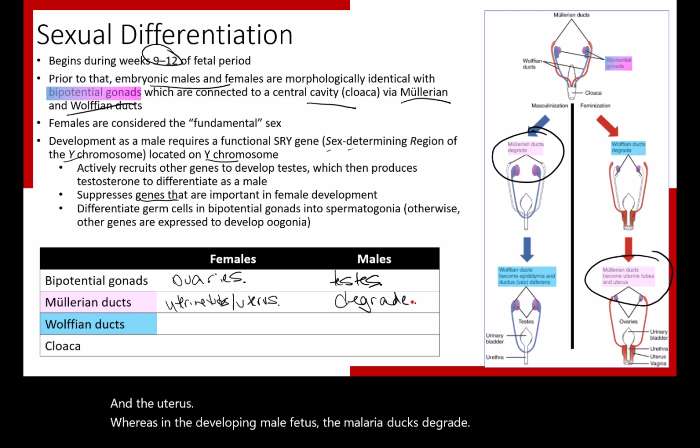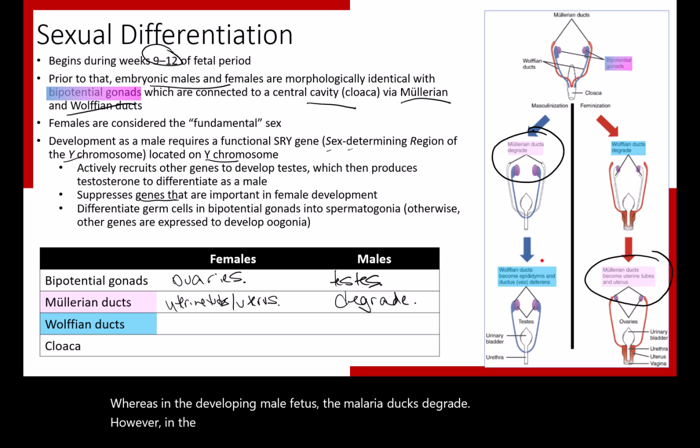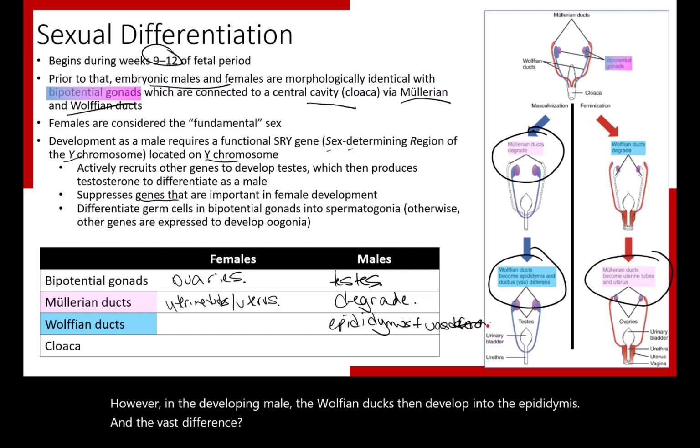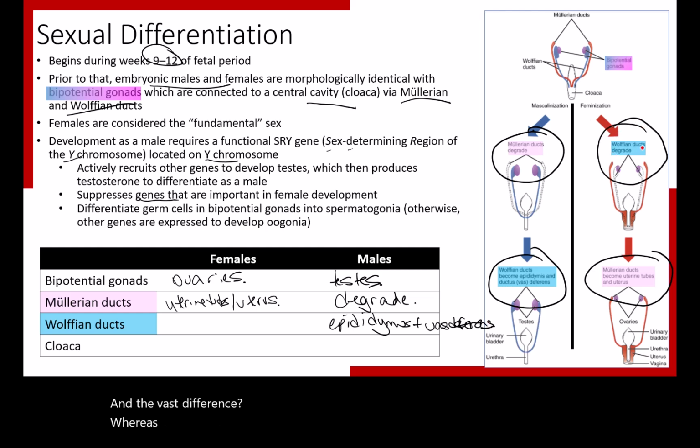However, in the developing male, the Wolffian ducts develop into the epididymis and the vas deferens, whereas in the developing female, those same Wolffian ducts degrade, right?